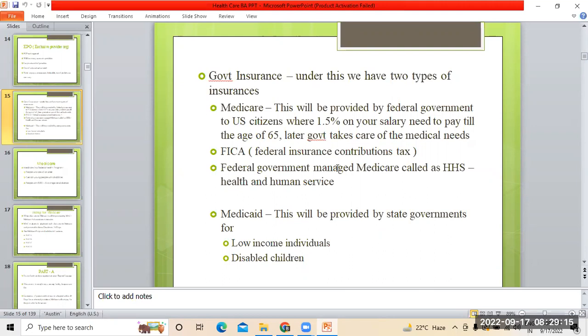This again depends on the situation, because as I told you earlier, COVID was a situation which was not expected. There were a lot of expenses for treatment, especially for people across the world.